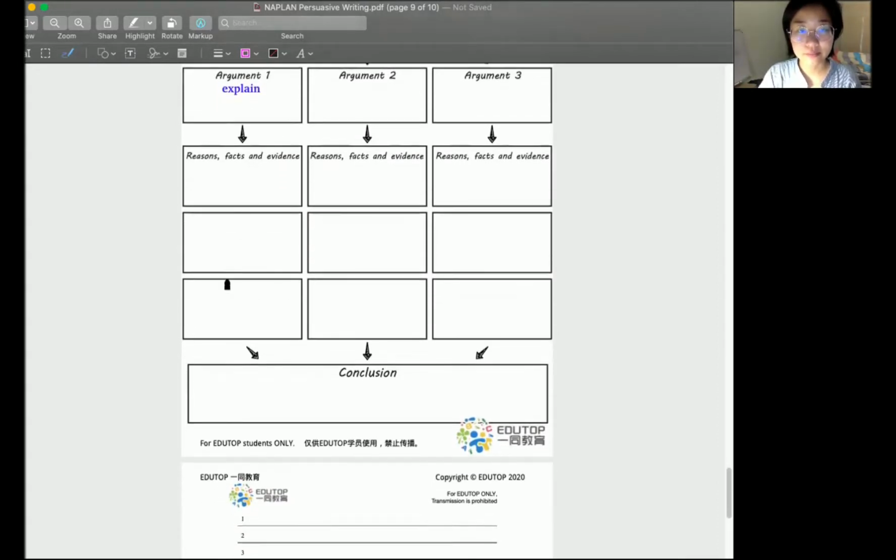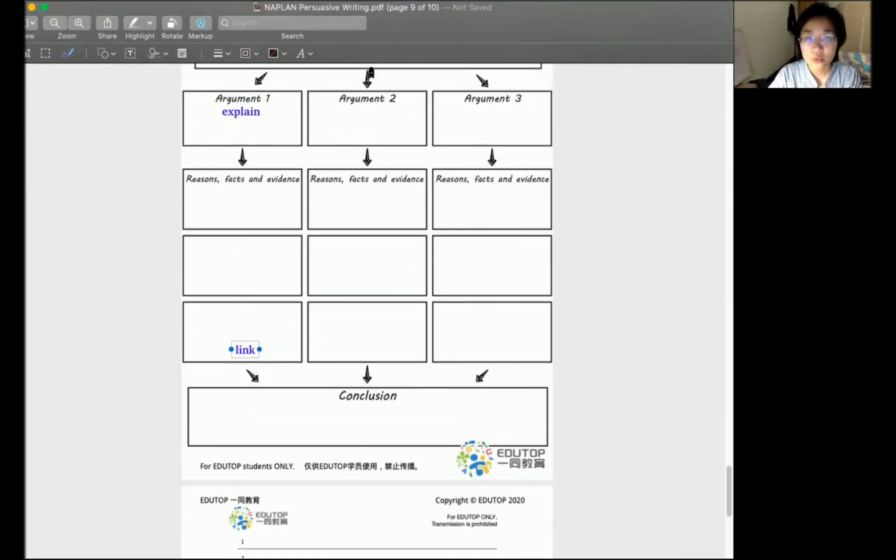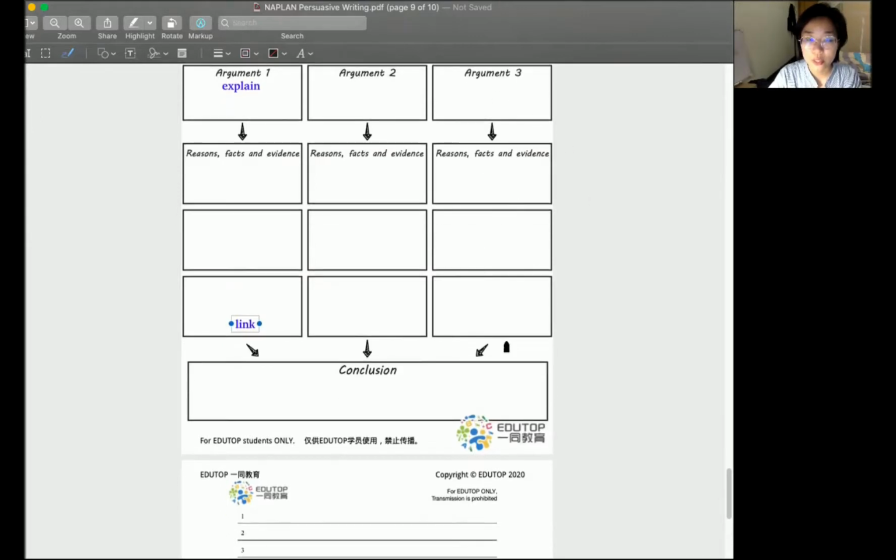All right. And don't forget, after you have your supporting part, we also need to link back to this argument at the very beginning. So do the same for the following argument 2 and 3, if you really have 3.